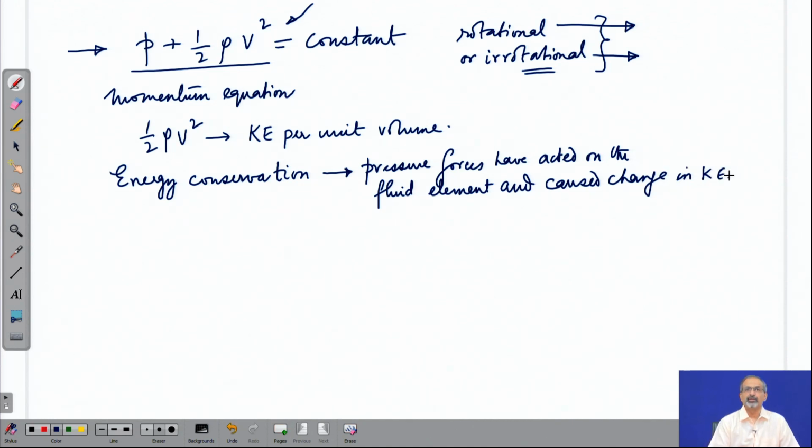This is how we would like to interpret it. Thereby, this gives you the energy conservation point of the picture. Therefore, this equation can be interpreted from both angles.